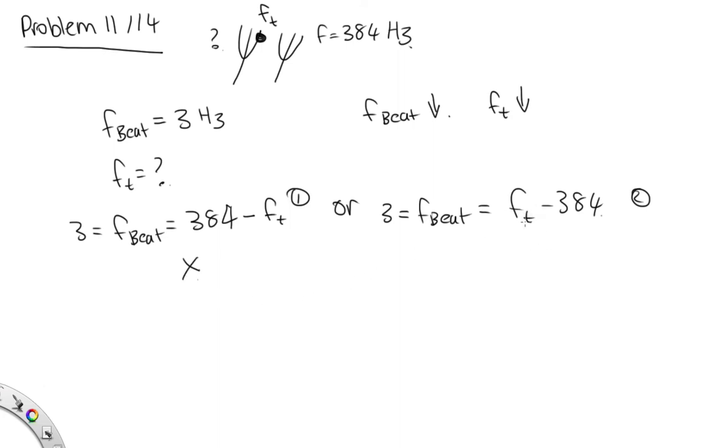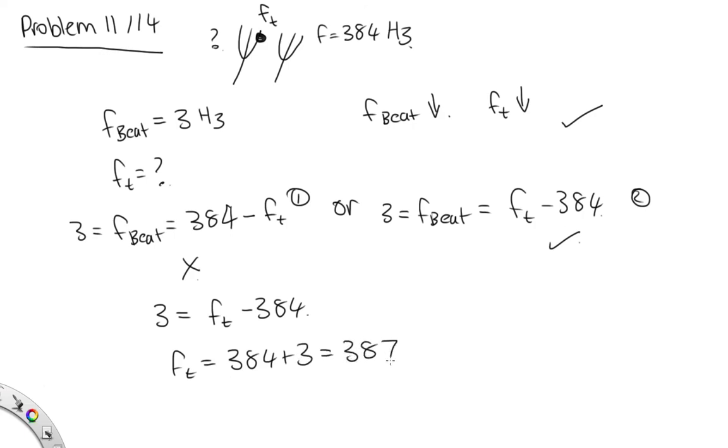Now in this case, if we decrease the frequency of this tuning fork, then these 2 numbers are going to get closer to each other, and so the beat frequency will decrease, which is what we observe. So this is the case that we need to use here. So we have 3 is equal to the frequency of the tuning fork minus 384. So the frequency of the tuning fork is equal to 384 plus 3, which is 387 Hertz.